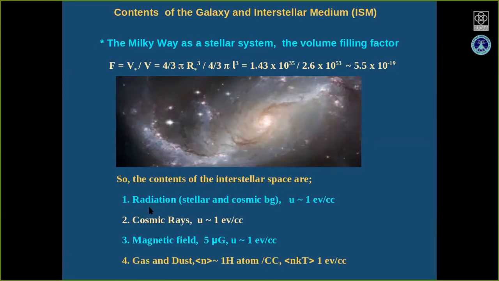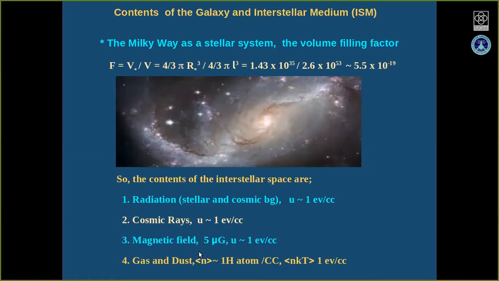First of all, radiation. It is stellar radiation as well as cosmic background radiation, and the energy density is nearly 1 electron volt per cc. Next is cosmic rays, and for cosmic rays also the energy density is nearly 1 electron volt per cc.